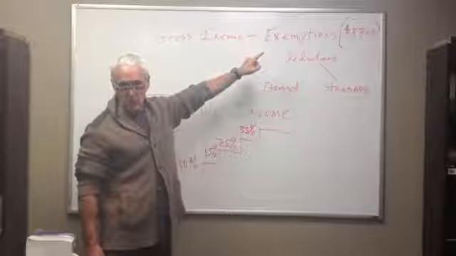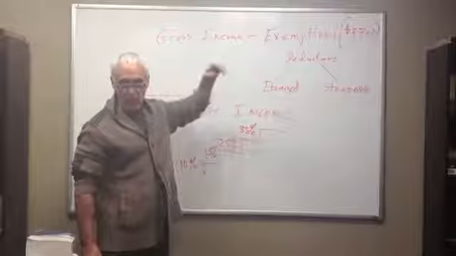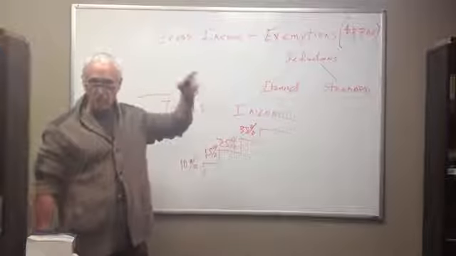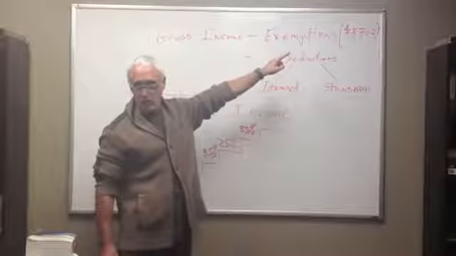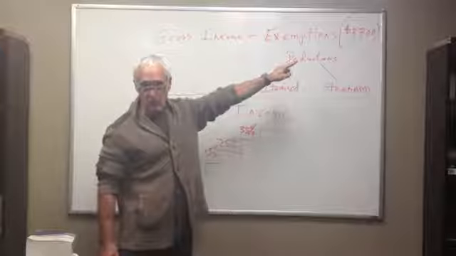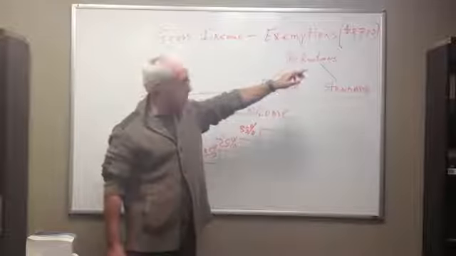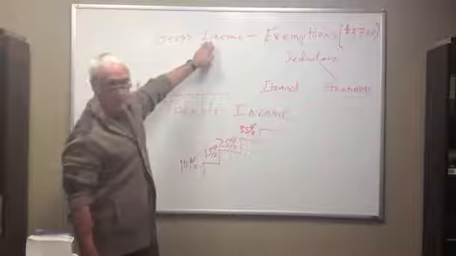An exemption is an amount of money you can take for yourself and for any person dependent on you. Your spouse, could be a child, could be a parent you're supporting, and the amount of that exemption in 2011 was $3,700 per person. So $3,700 per person times the number of your exemptions reduces your gross income.